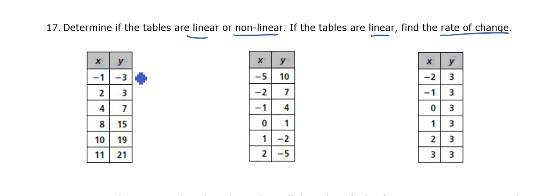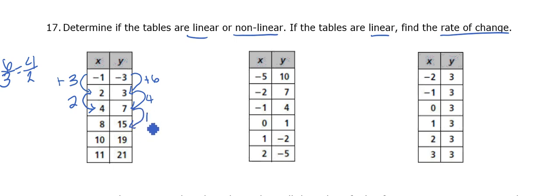So looking at my first table, I can see it's increasing by 6 for every 3. So 6 over 3. And then it's increasing by 4 for every 2. So 4 over 2. And if I simplify one, I would get the other. So they simplify both to the same thing. So I'm going to continue. Here, if I increase by 8, and 4.